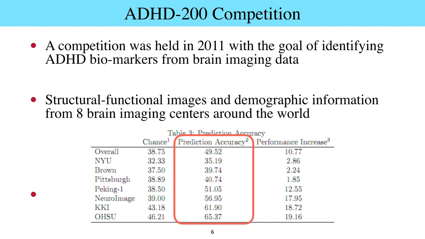And after the competition ended, the results were surprising because the prediction accuracy was not really high. The results that were released by the competition showed that the average accuracy of all participants, as shown in the second column in this table, is really low. The highest accuracy is about 65%, which tells us there's still some room for improving this problem.